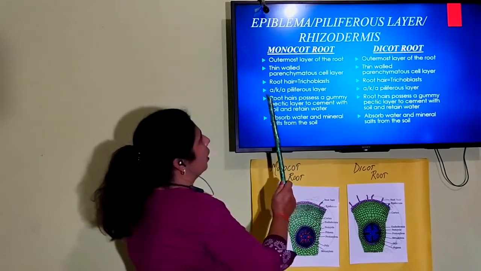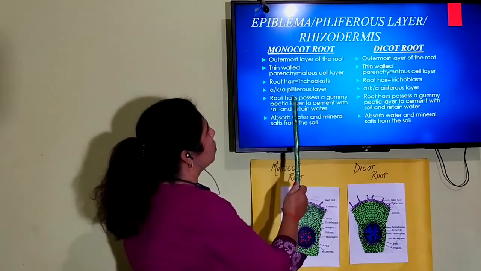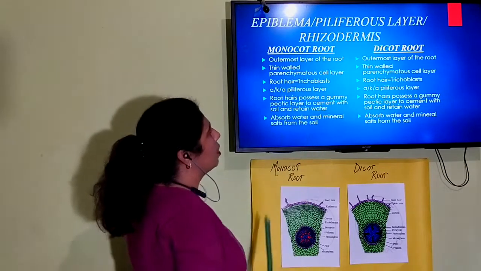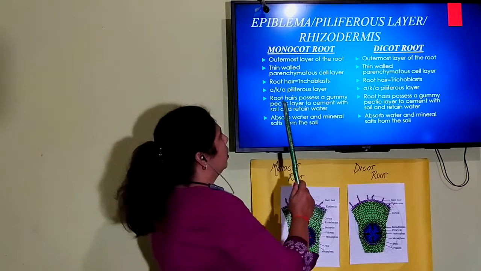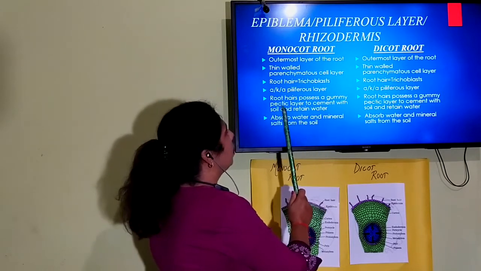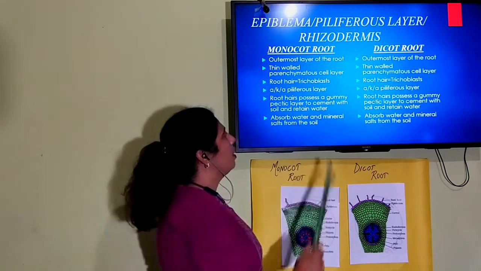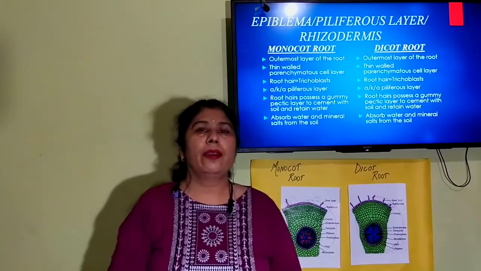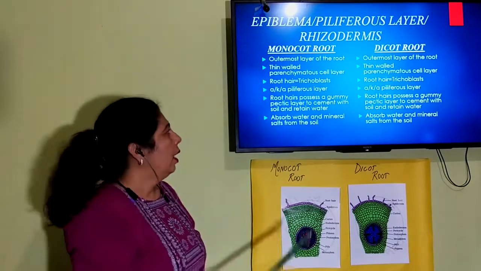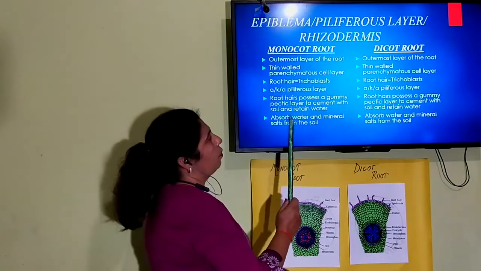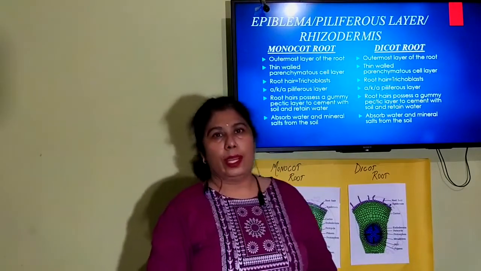This layer is also called piliferous layer, as I have already told you. Root hairs possess a gummy pectic layer to cement with the soil to retain water. It makes a good grip of the root with the soil.